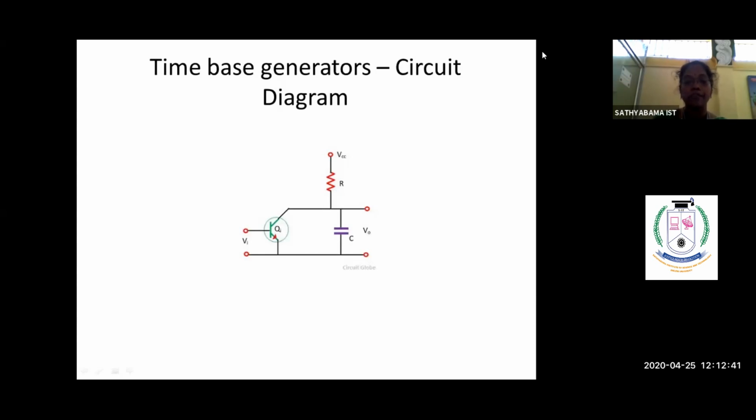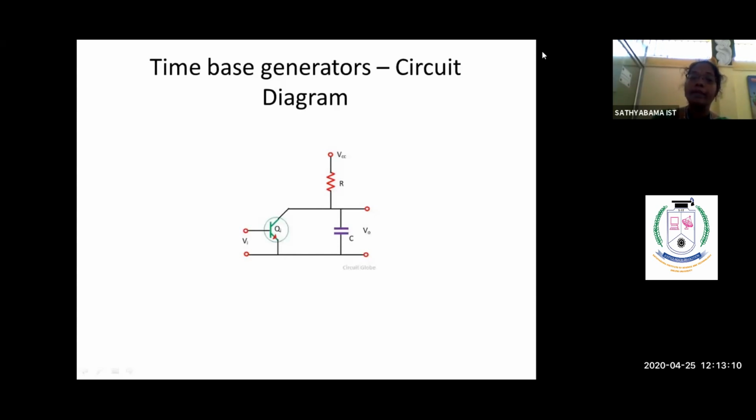So here the condition is: when VCC is applied in your circuit, the capacitor C charges through the resistor R. Similarly, the transistor turns on when Vi is applied, because Vi is connected to the base of the transistor. How is it possible? As I told you already, it happens when it meets the requirement of VBE equal to 0.7 V. Why?